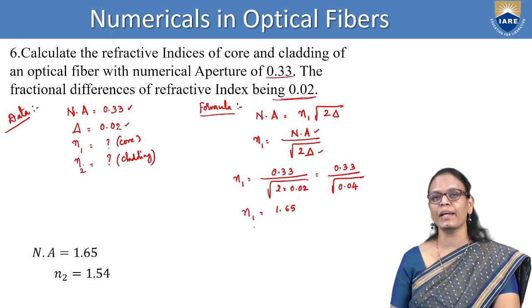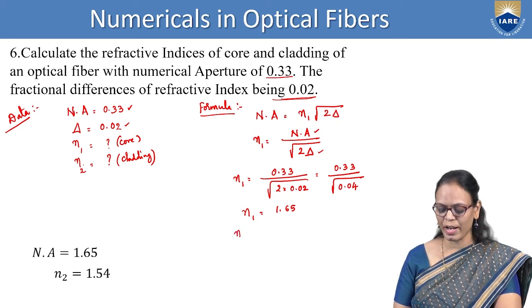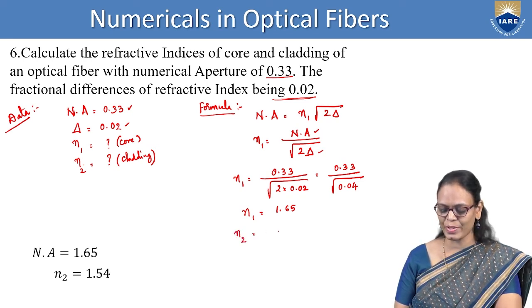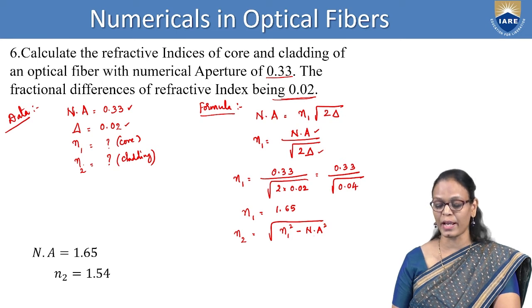So once we get N1, we can find N2. So what is the formula we have derived just now for N2? N2 is equal to under root N1 square minus NA square. We have derived it from the formula of NA.